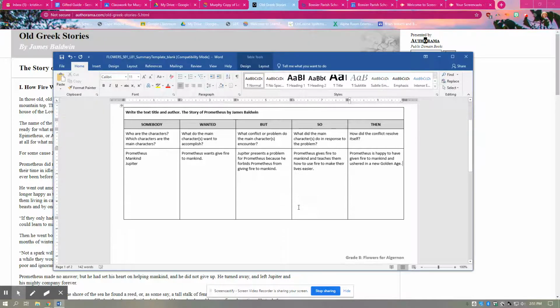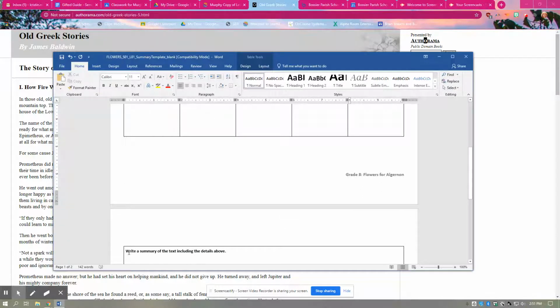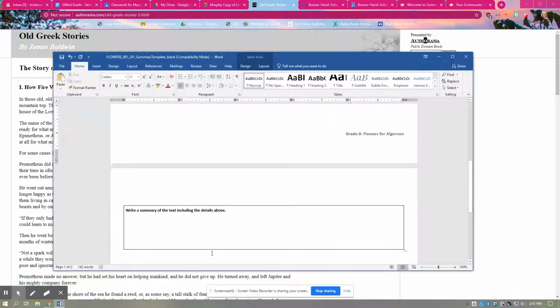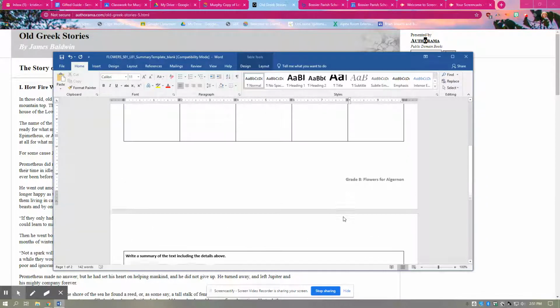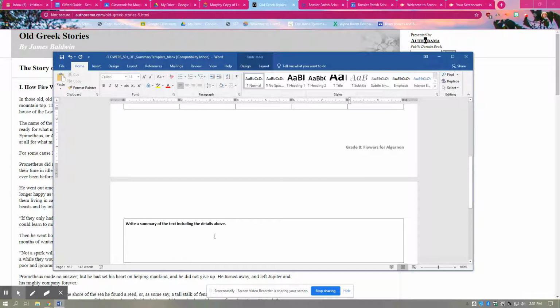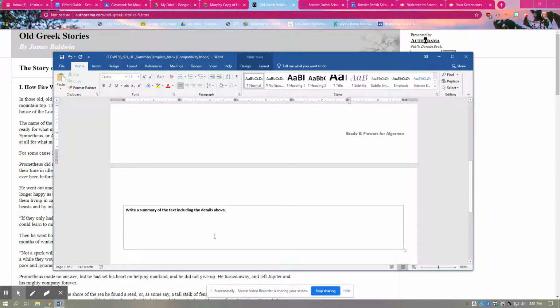So what you're going to do next is, I don't want you to do this summary of the text yet. I want you to read the second section of the story. And then you're going to come back to your summary template and add in the rest of the information from the second section. When you have done that, then combining the two, you're going to write me a summary of the text using the details above.